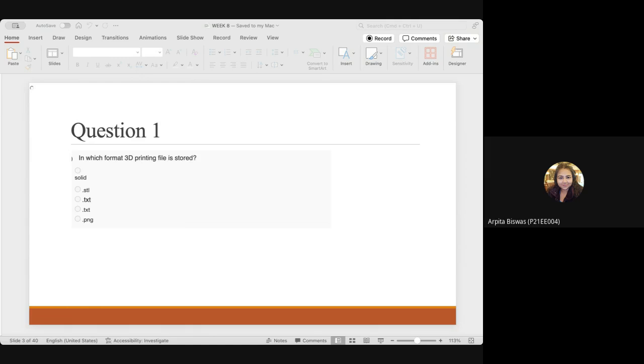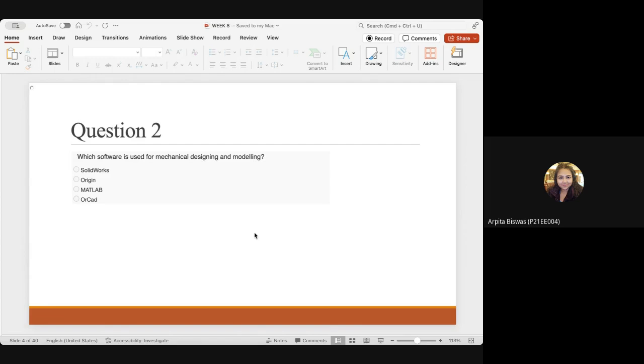The right option is option A, .stl. Next, question number 2: which software is used for mechanical designing and modeling? First SolidWorks, second Origin, then MATLAB, then OrCAD. So what is the right answer?